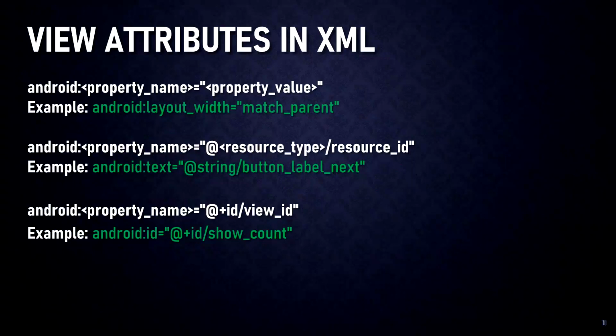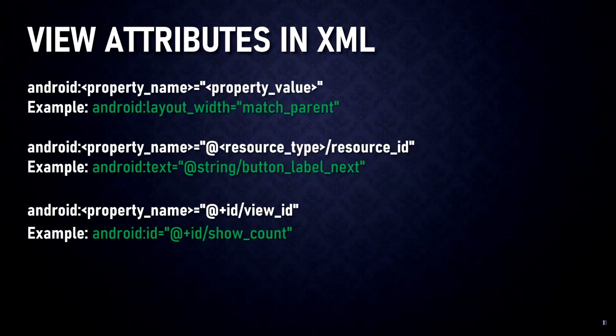Here, we specify the width for that view, and you can specify either by just giving the size in dp, or you can specify match_parent and wrap_content. Match_parent means the width of this layout will be the root view's width. We will get into that in the practice part. So this is one way of creating an attribute in your XML.